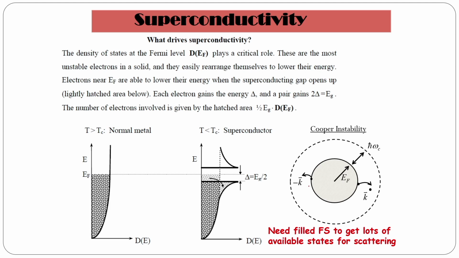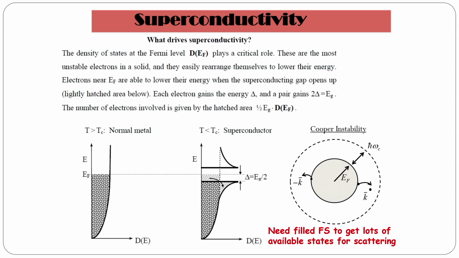Now we are showing it in k space, so they correspond to the two momenta k and minus k, which is why they are shown on opposite sides. They just go out of this and remain in the vicinity of the Fermi sphere, and if they stay within a distance h cross omega d, where omega d is the Debye frequency, then the pairing of these electrons can be formed.